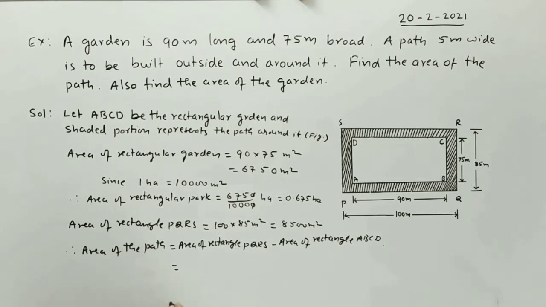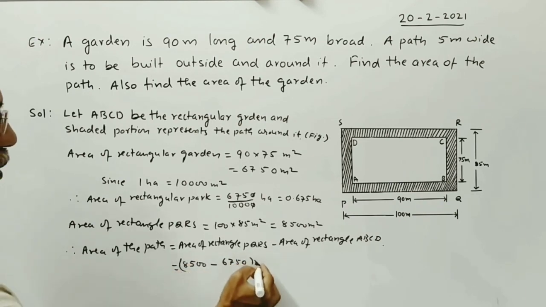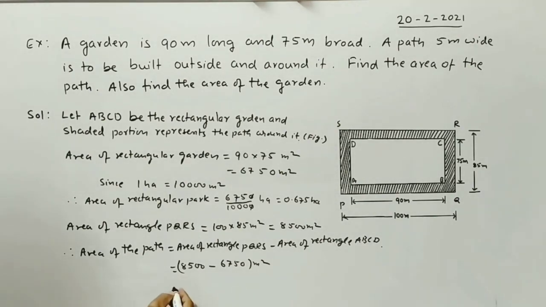This is equal to 8,500 minus 6,750 square meter is equal to 1,750 square meter.